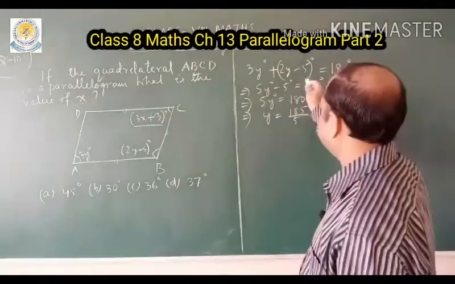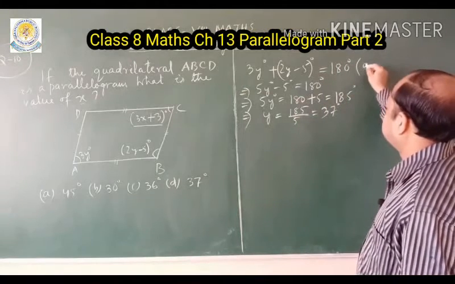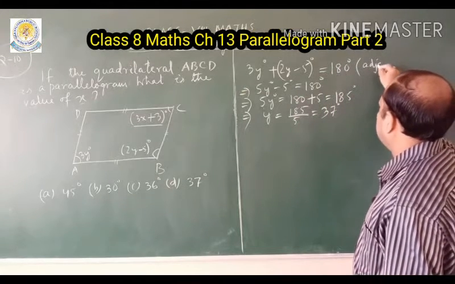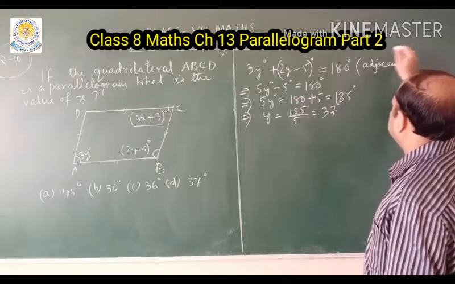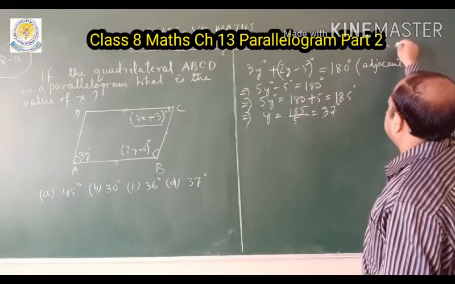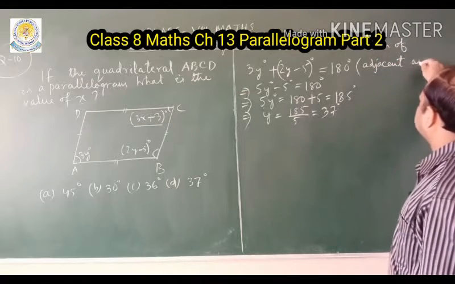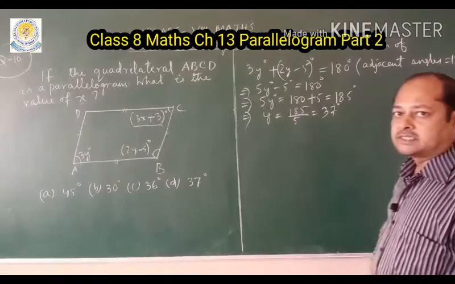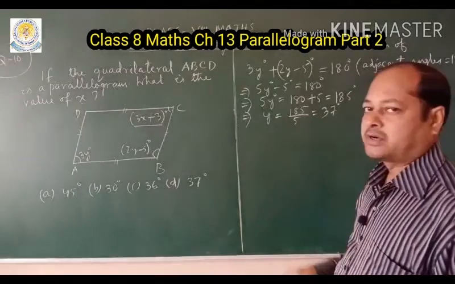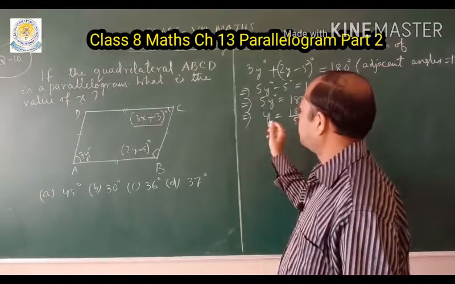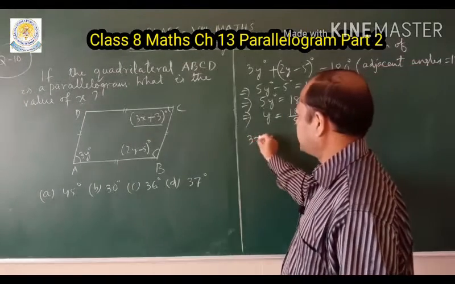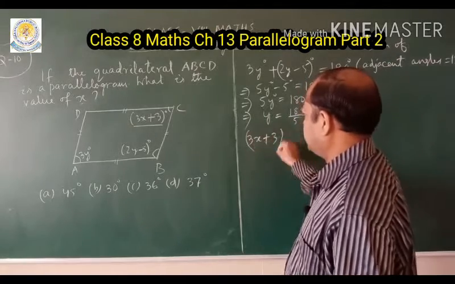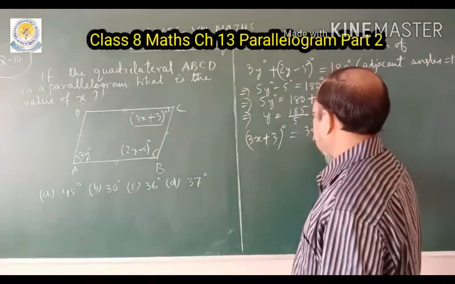The earlier one was the adjacent angles property, where the sum of adjacent angles equals 180 degree. Another property we will use here is 3x plus 3 degree equal to 3y degree.